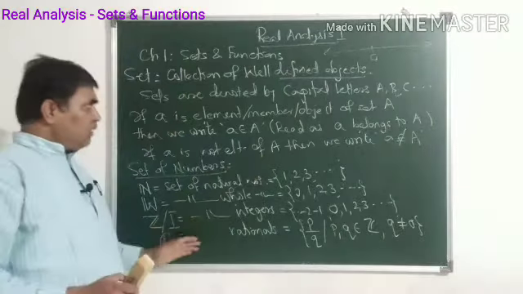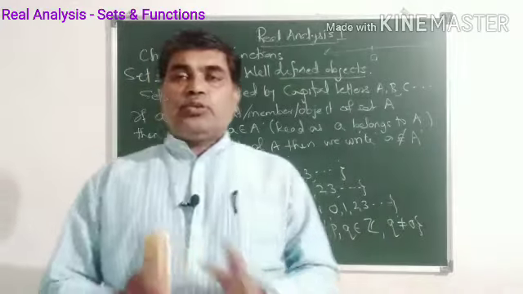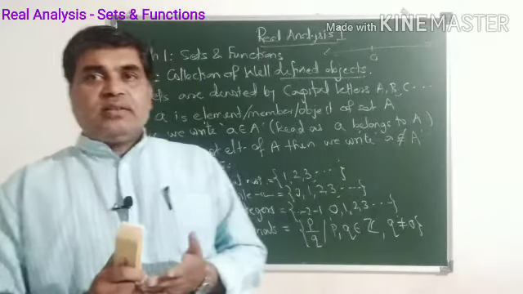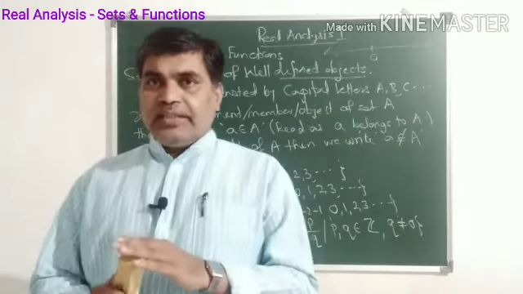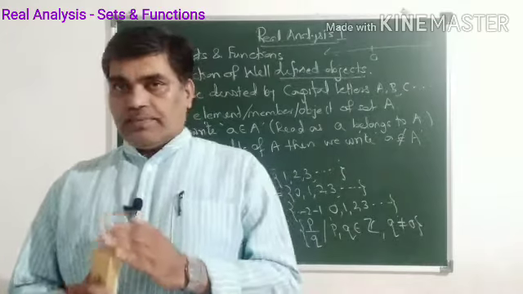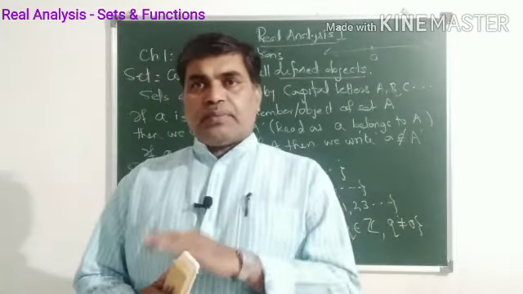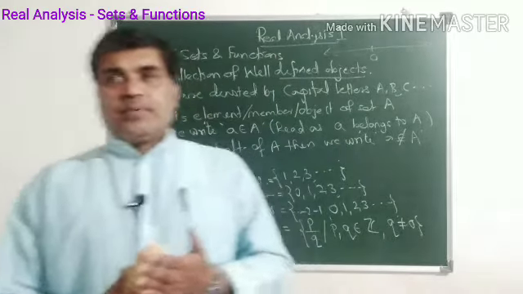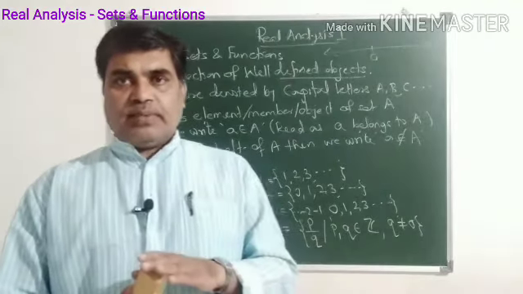And a real number which is not written in the form p by q is known as an irrational number. You have also studied that the square root of any prime natural number is an irrational number. Or if the nth root of some rational number is not rational, then that number is known as an irrational number.